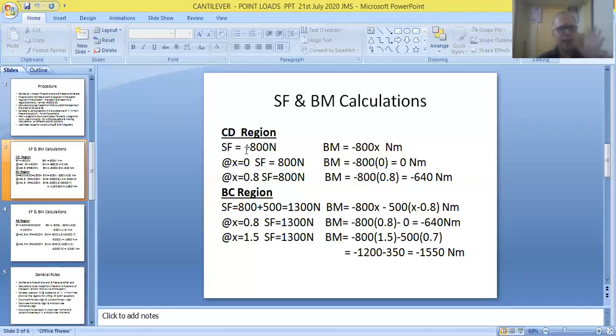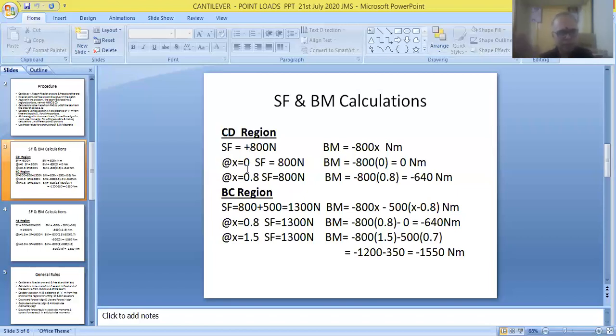So this is the SF equation, and this is the BM equation so far as the CD region is concerned. Writing these equations for each and every region is very, very important. Now you can take the limits of this x value. Lower limit to be taken as 0.